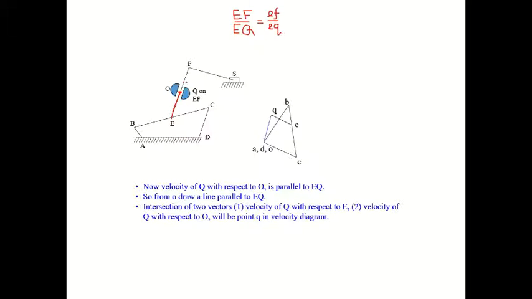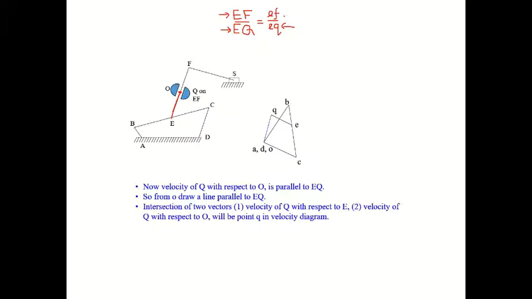From the space diagram measure this EF length, E to F, and write it here. Don't write it from the question. From the space diagram measure EQ, this length, and write it here. From the velocity diagram measure EQ length and write it here.